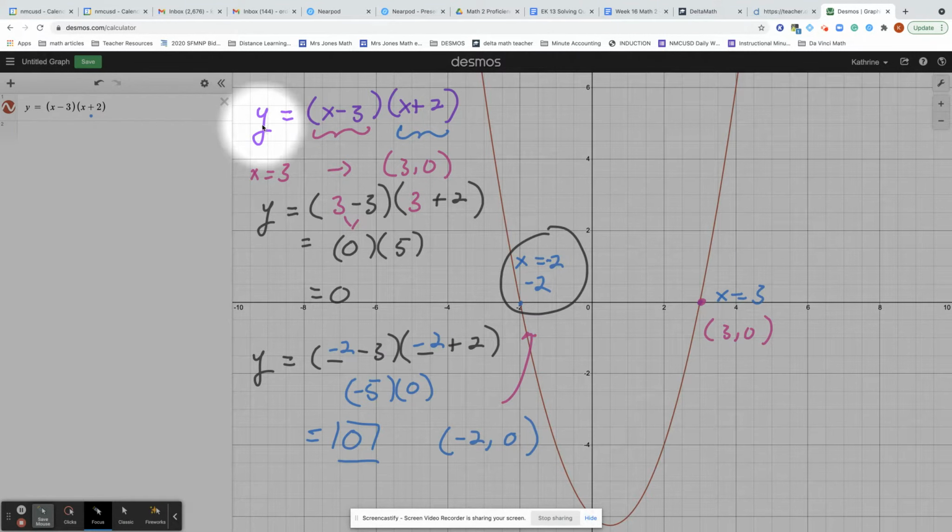Go back. So again, factored form shows your x-intercepts. It's why it's so important, and it's just why you have to know how to factor before we start solving them. We have y equals x minus 3 times x plus 2. Therefore, -2 is going to set the right side to 0, which you will see below, -2 plus 2.